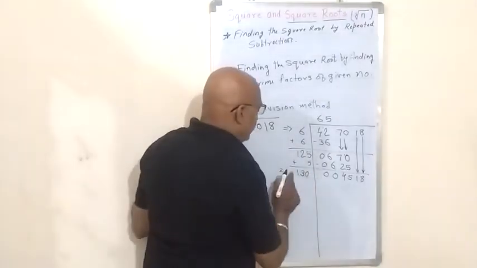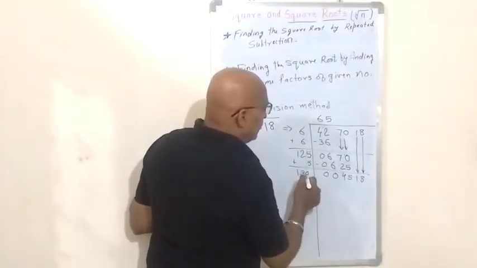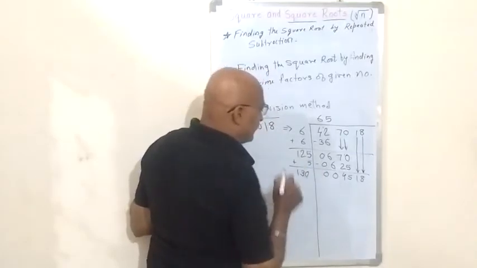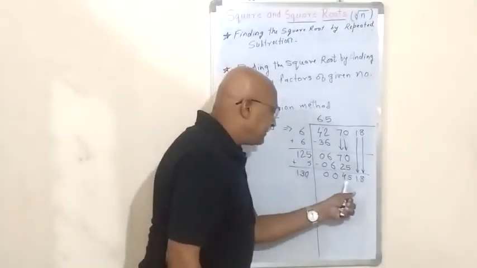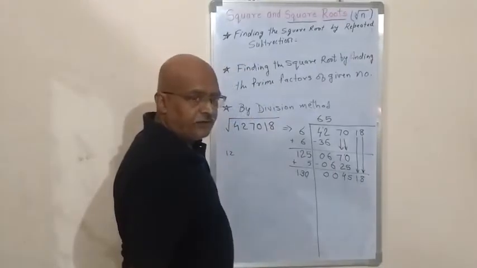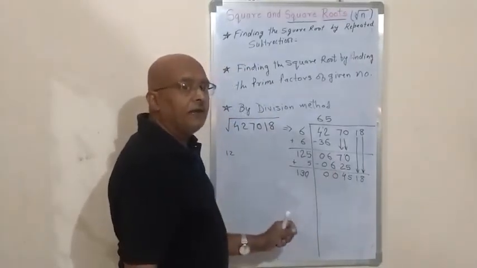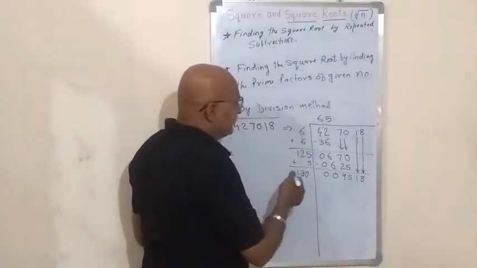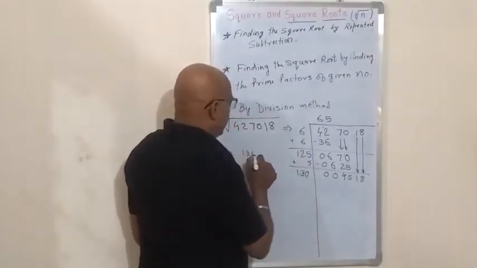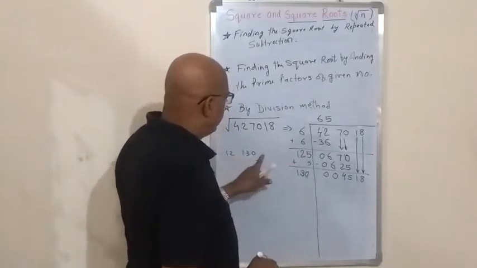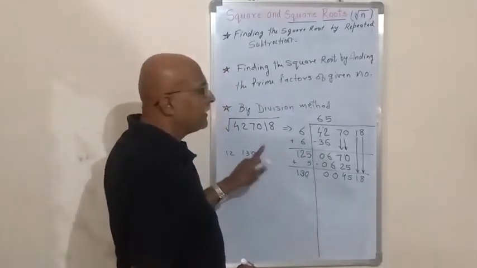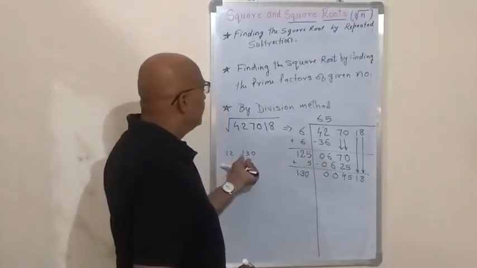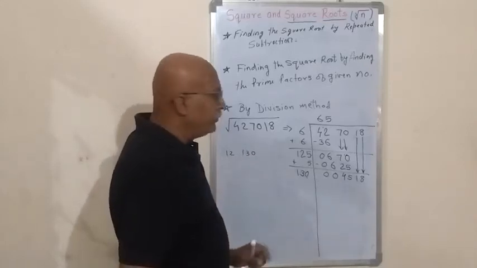Now 130, what I should put in front of this, that I will get this number approximately very near and lower than that number. So think of 130. If I put something here, it will be 1300 and something. Now 13 table. Do you know 13 table?